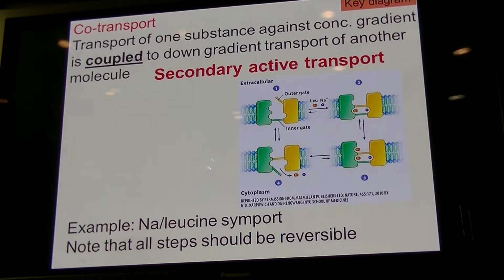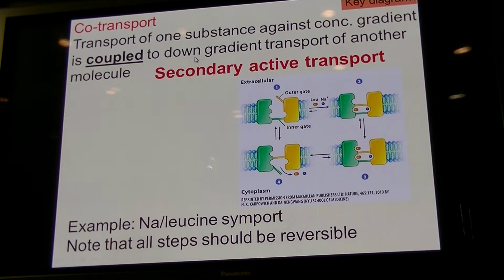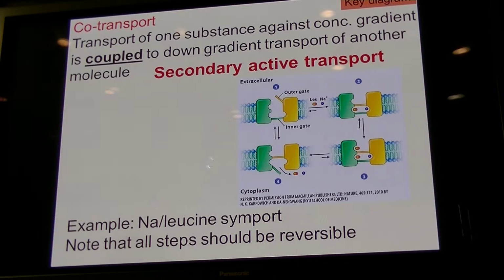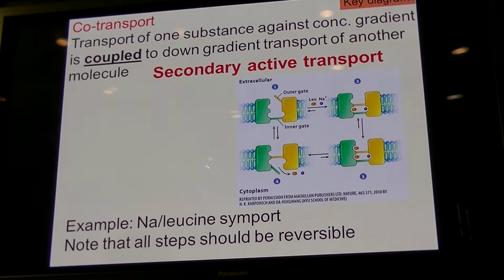So in that case, the transport is always coupled to the down gradient transport of something else. That other molecule I call the driving gradient. So for the mammalian plasma membrane, the driving gradient is composed of sodium. High sodium out, low sodium in.